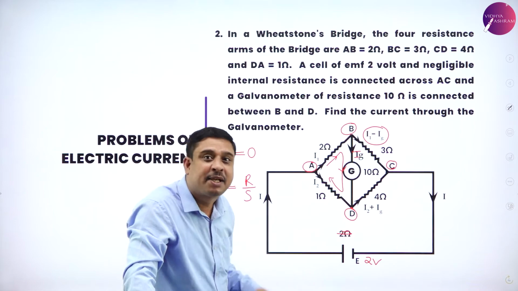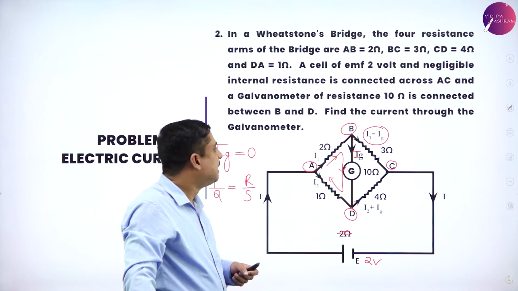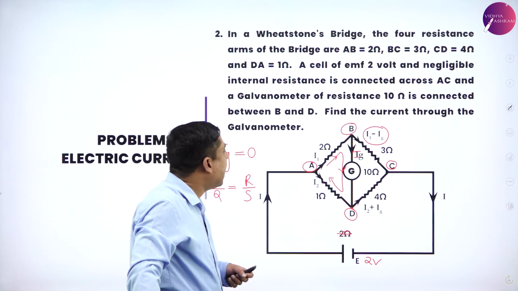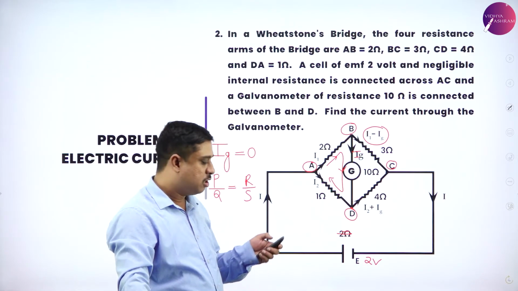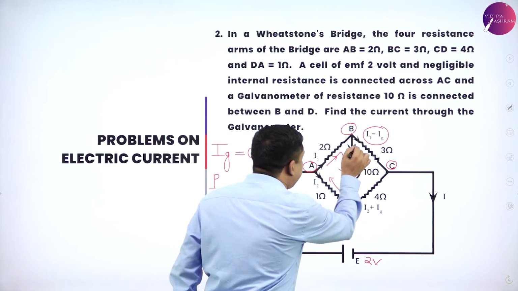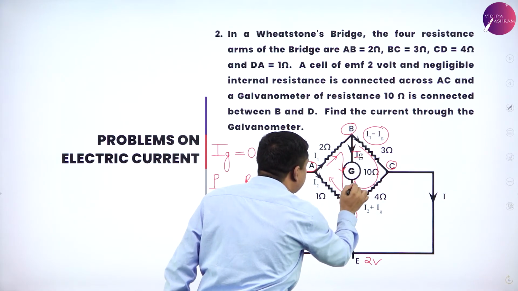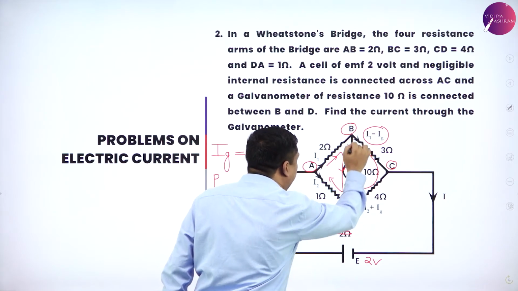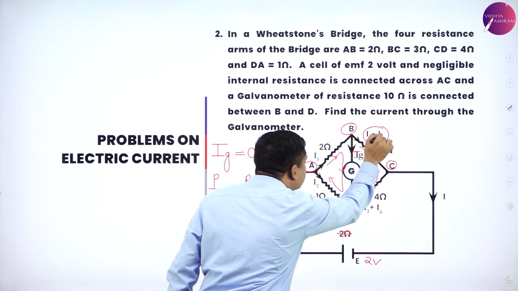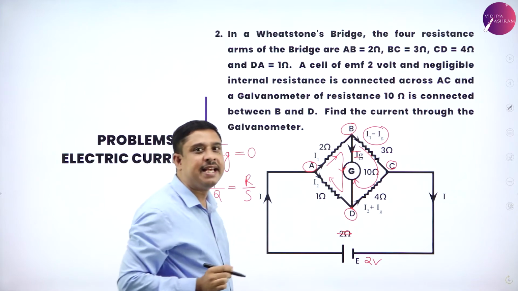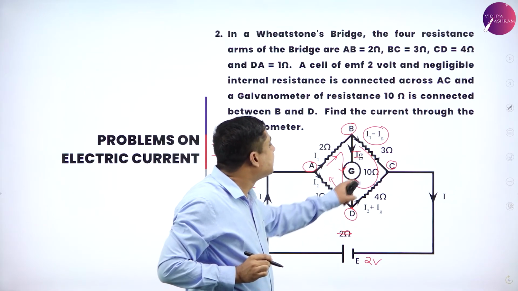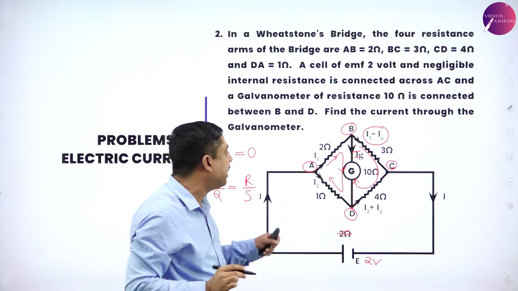Hence, at B, the current flowing is I1 minus Ig. So, again, I1 minus Ig, this is the direction of traverse. The direction of I1 minus Ig is along the direction given.